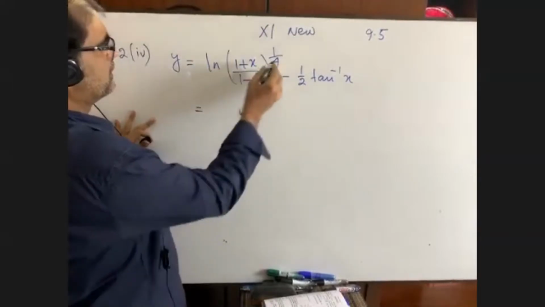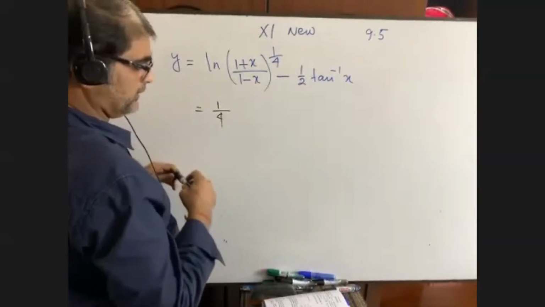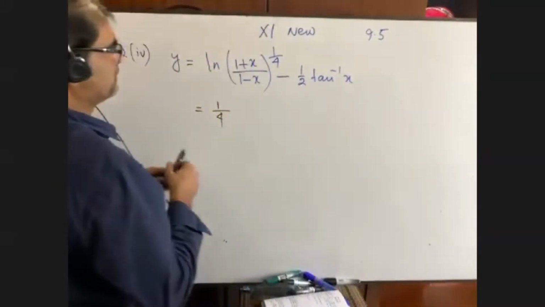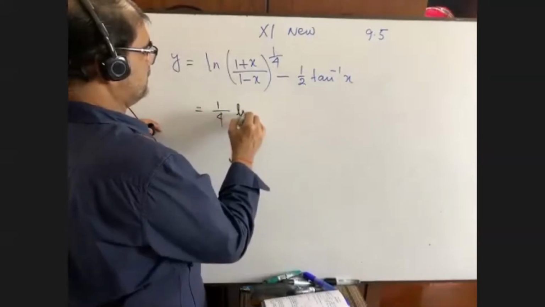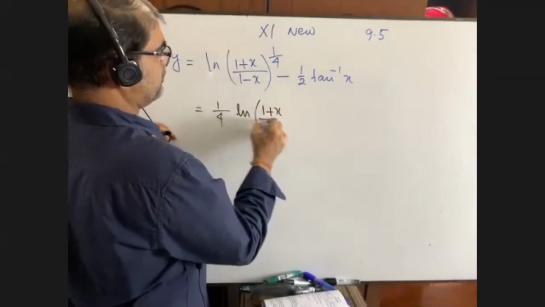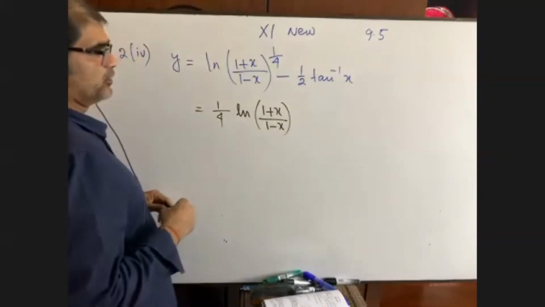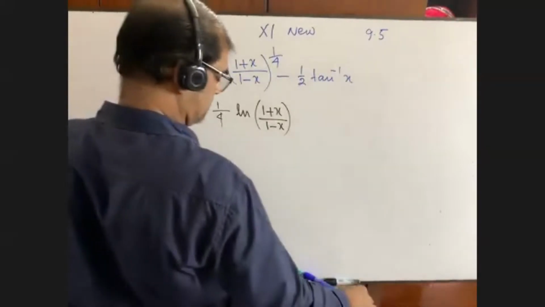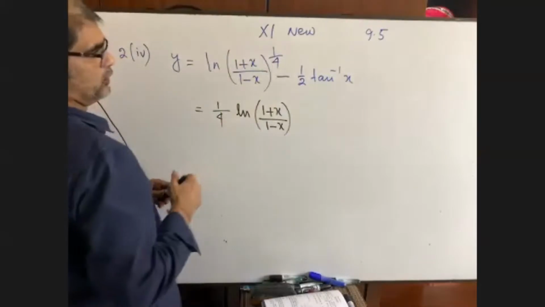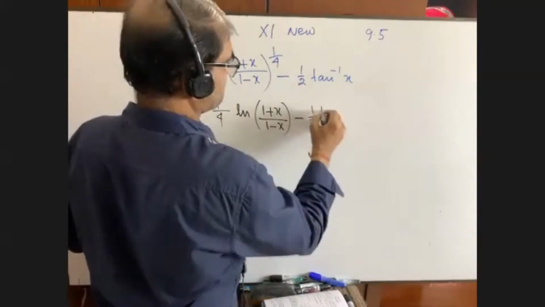You see, write down 1 by 4. Then it is ln of 1 plus x by 1 minus x. What I have done here is take the power out of the ln, and there is nothing to do with the half tan inverse x.